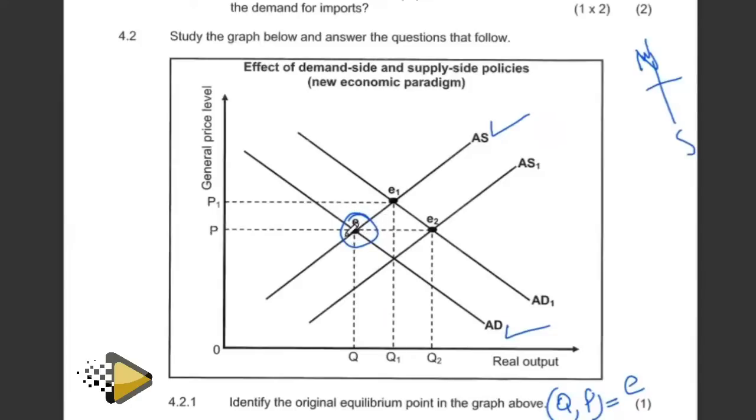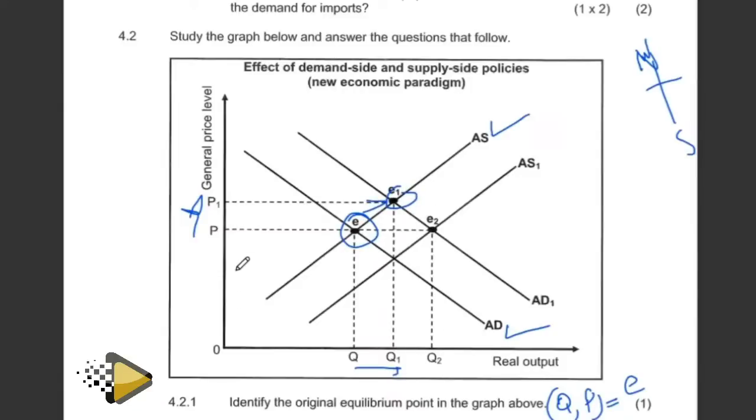Now, if there is an increase on the demand side and supply side approach, that influenced prices to shift from P to P1, and also forced our quantity to shift from Q to Q1, making the equilibrium move from E to E1.